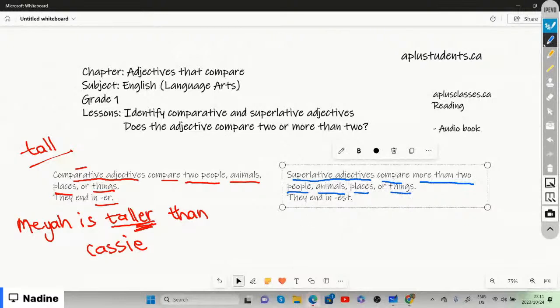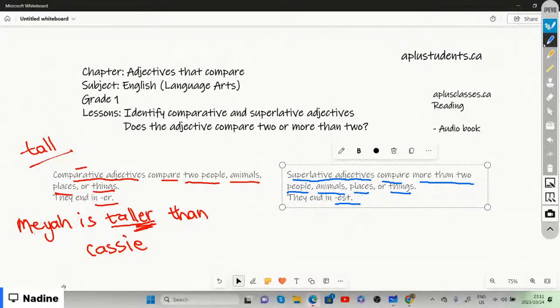And they end basically in est. So if we compare more than two people, the adjective ends in est. If we compare more than two animals, places, or things, our adjective ends in est.